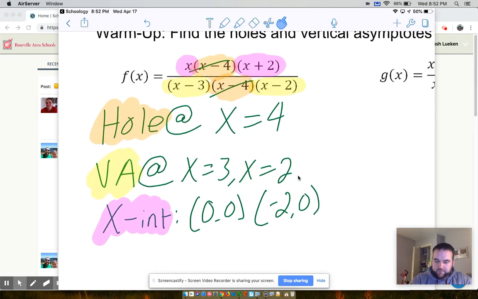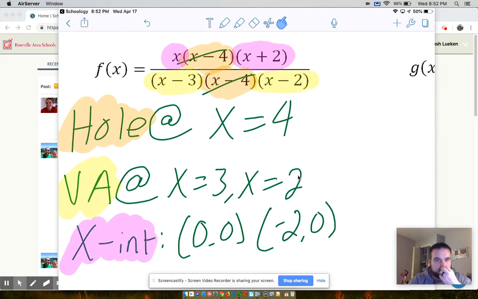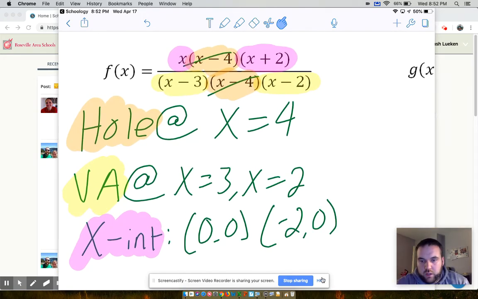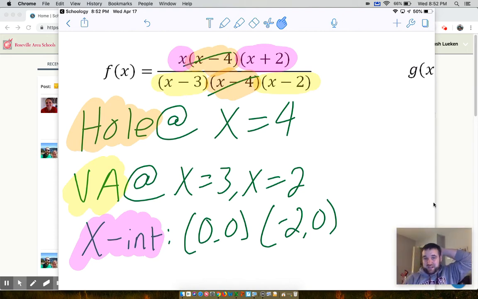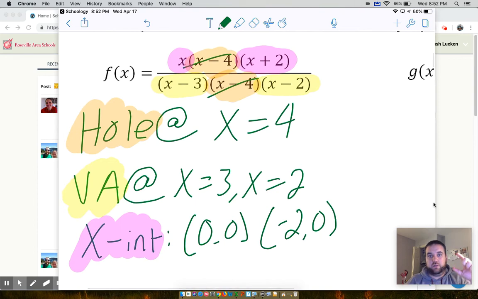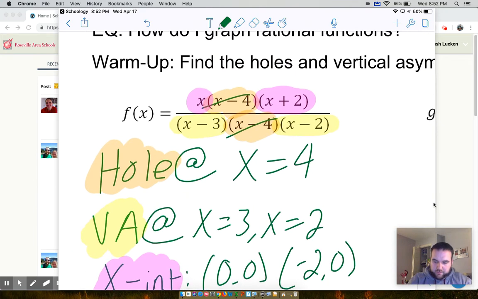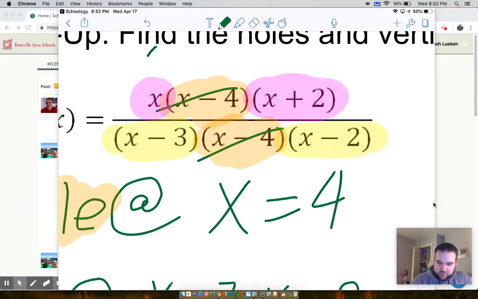Okay. Again, to actually find the coordinates of the hole in the graph, I would need to take 4 and plug it in. I'm not going to plug in 4 to the original. I need to plug in 4 after I take out the x minus 4, because otherwise I'll have 0 on top and bottom. So if we think about this, this would be 4. If I plug in 4 in the x plus 2, this would be 6.